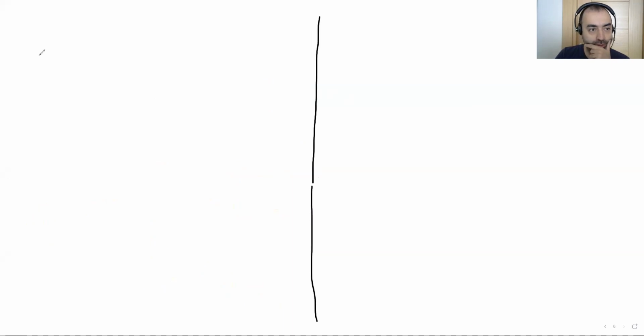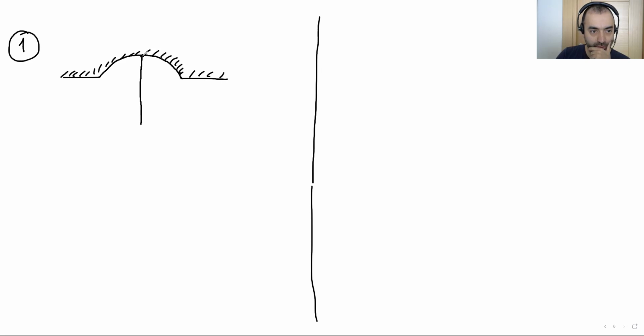Okay, the first example is we have an arch like this. There is a steel member over here, and we are gonna hang a chandelier.